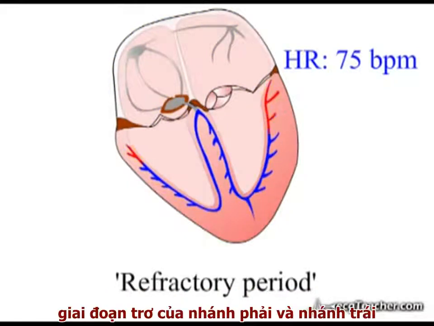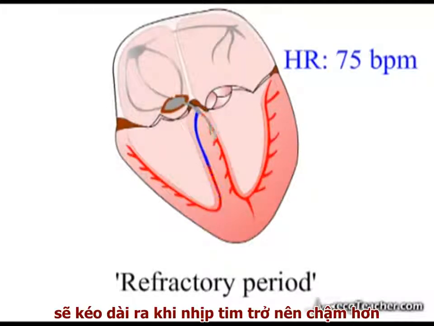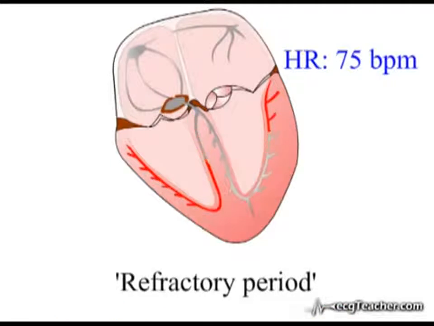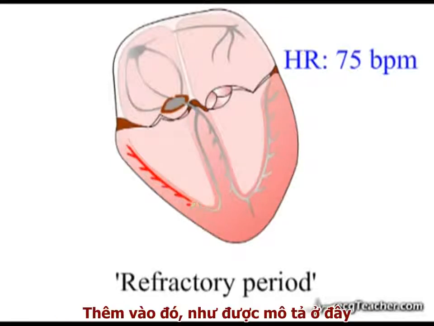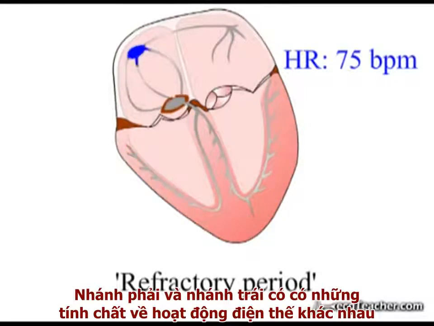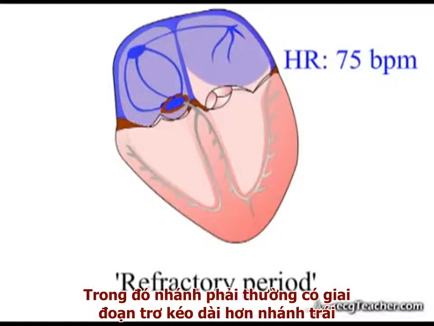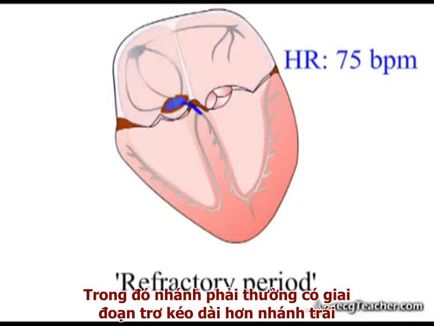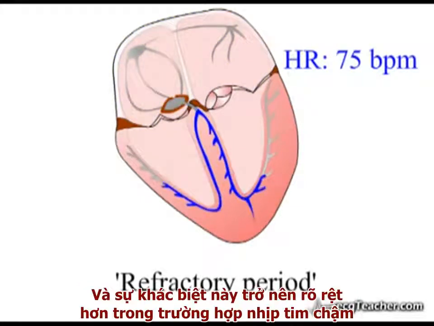Specifically, the refractory periods of the left and right bundle branches become more prolonged as the heart rate slows. Also, as illustrated here, the left and right bundles have slightly different electrical properties, with the right bundle branch having a longer refractory period than the left. And this difference becomes more pronounced at lower heart rate.